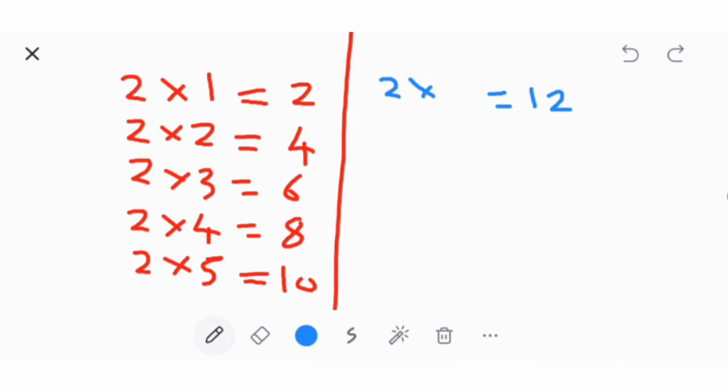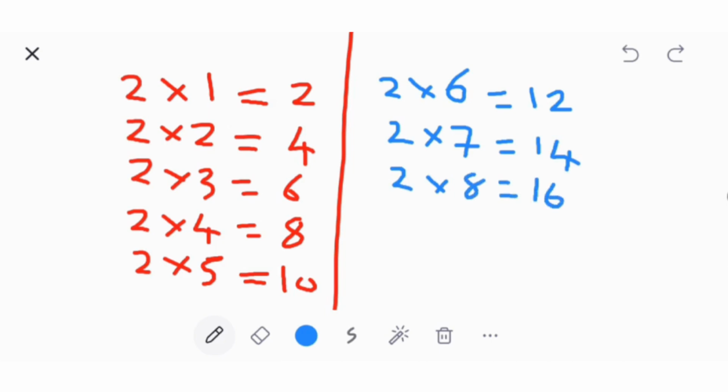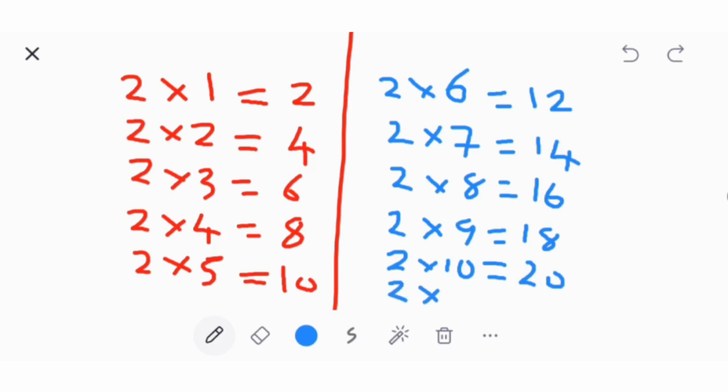Then 2 times 7, 14. 2 times 8, 16. 2 times 9, 18. 2 times 10, 20. 2 times 11, 22.